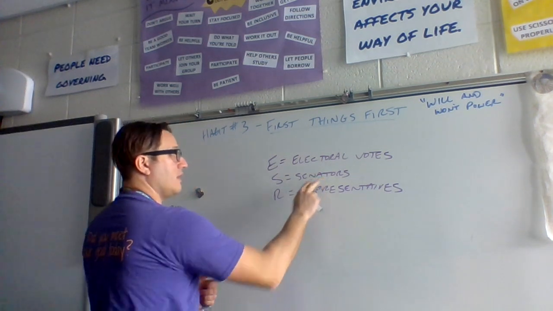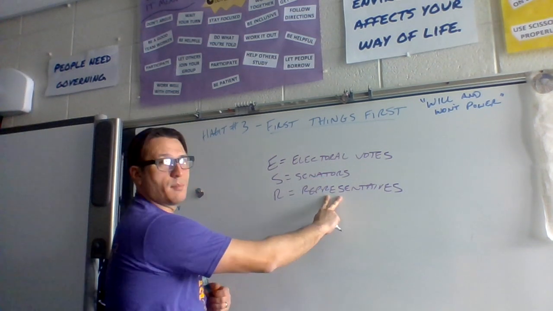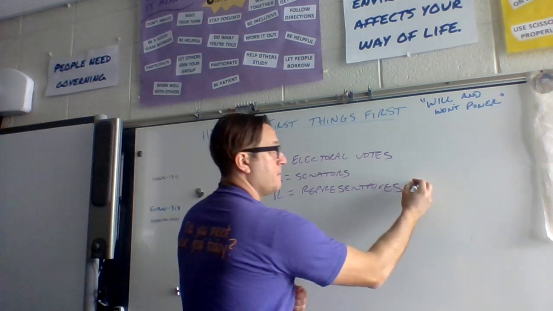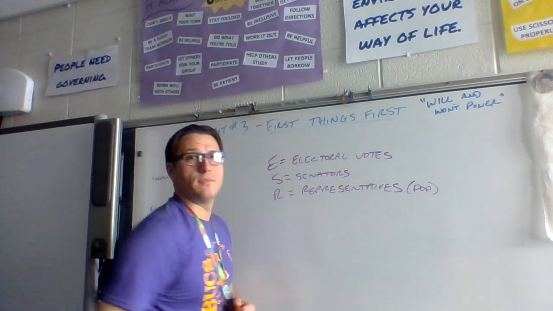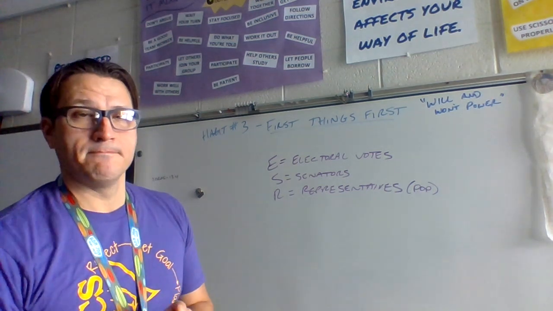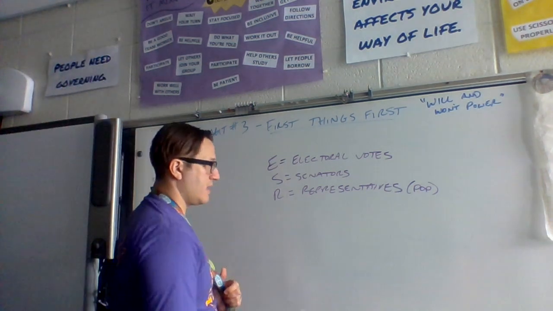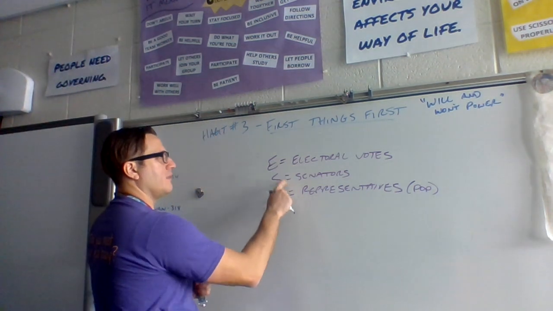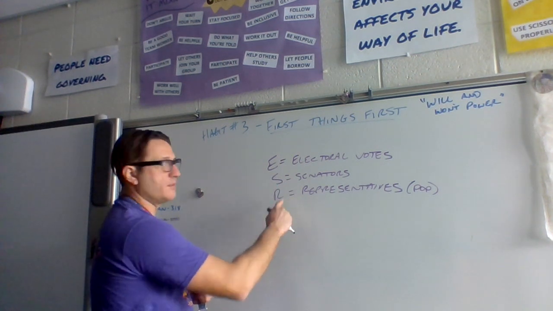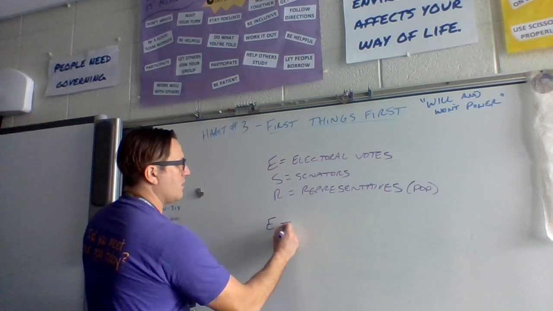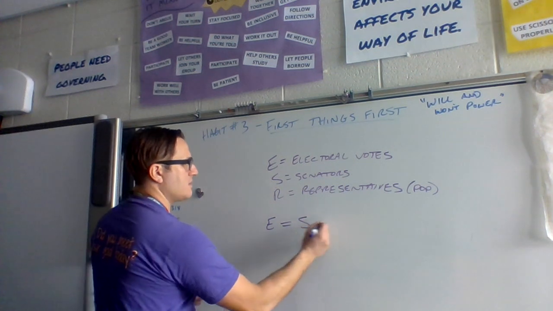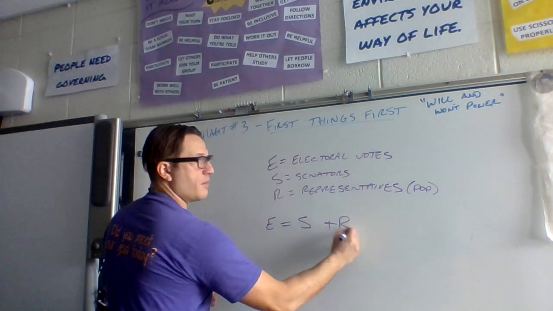Every state gets 2 senators, and every state gets a certain number of representatives based on population, right? You should know that from the previous objective. Okay, so that's what these letters mean. These are variables, right? So E equals the number of senators plus representatives.